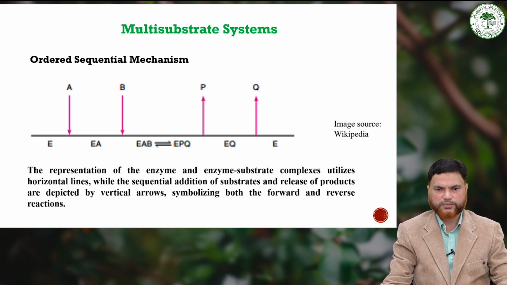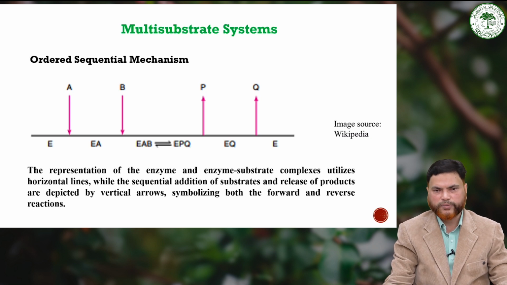In certain reactions, both substrates A and B must bind to the enzyme before the products are released. This category of sequential processes could be further divided into the ordered sequential mechanism and the random sequential mechanism. Now what is the ordered sequential mechanism?